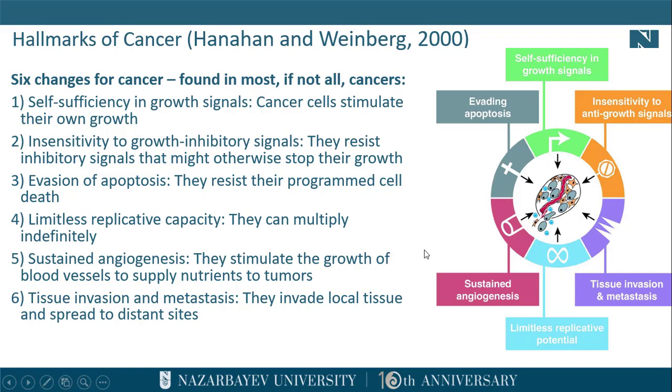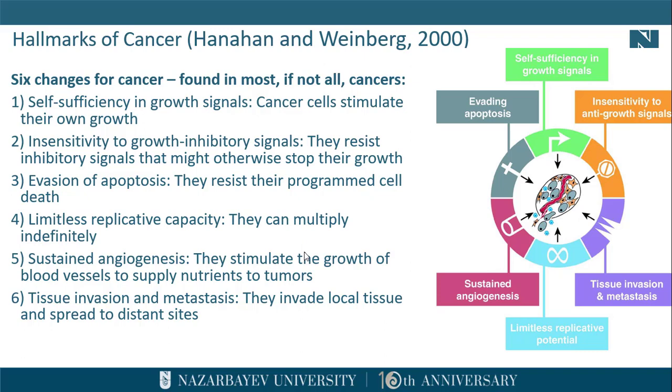And second, it's insensitivity to growth inhibitory signals. When the normal cell grows and divides, it fills up the space. When the normal cells are filling the space, there is a contact inhibition that tells it to stop growing, and then the normal cell would stop the cell division and remain the shape or the size that it usually has.